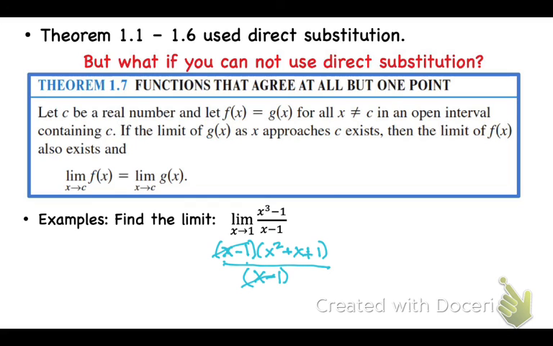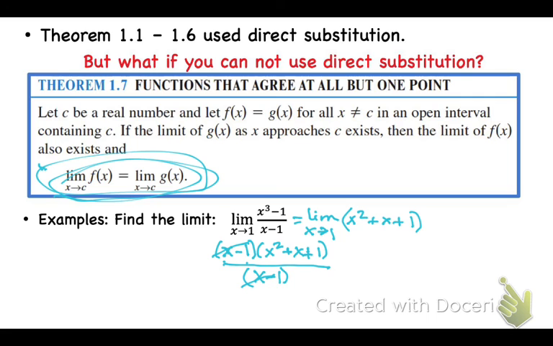Now, this would be equal to the limit as x approaches 1 of x squared plus x plus 1, because this theorem up here that had a lot of words says if you reduce, you get the same limit. Now, I don't have a denominator anymore, so should I be safe? Yes. So 1 plus 1 plus 1 is 3.